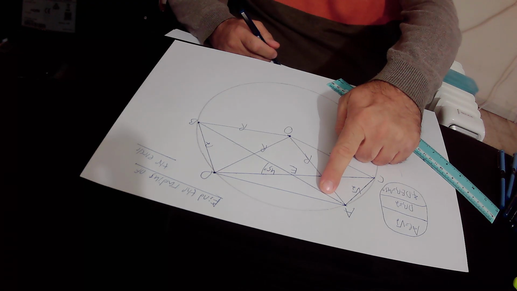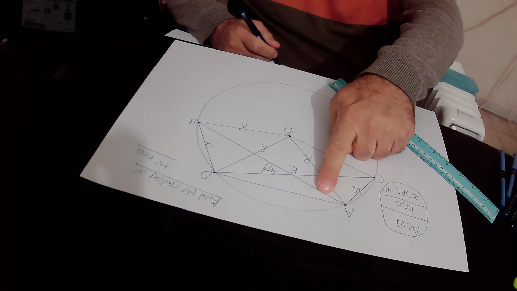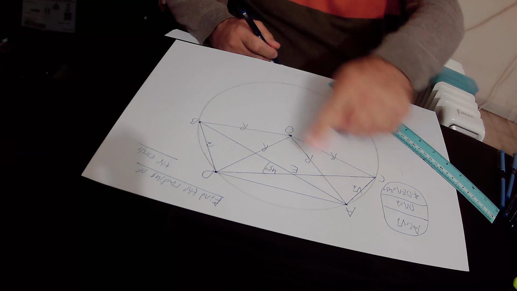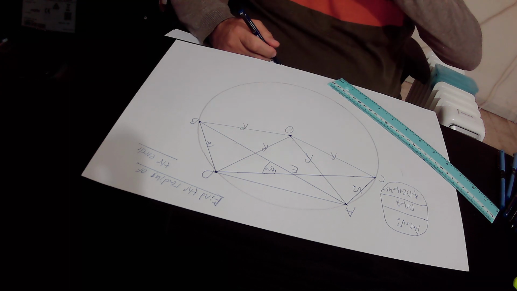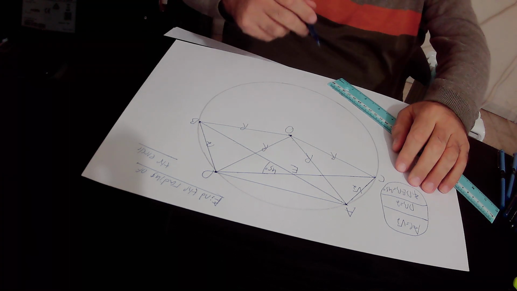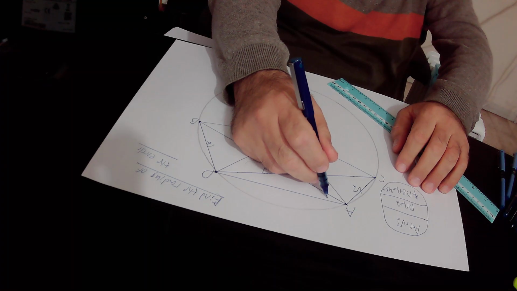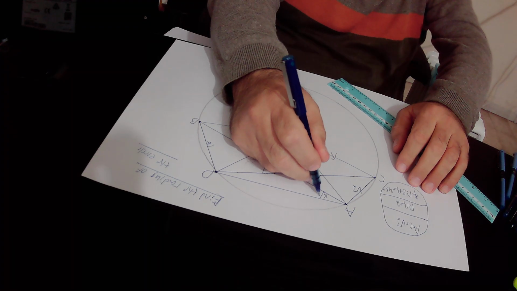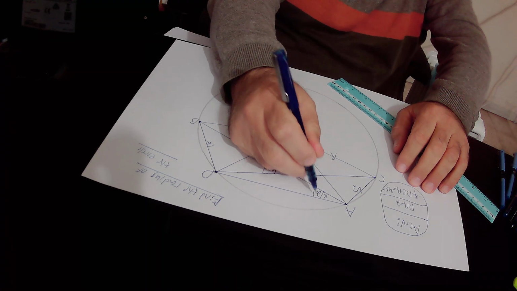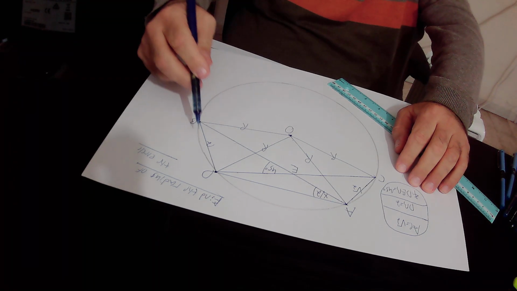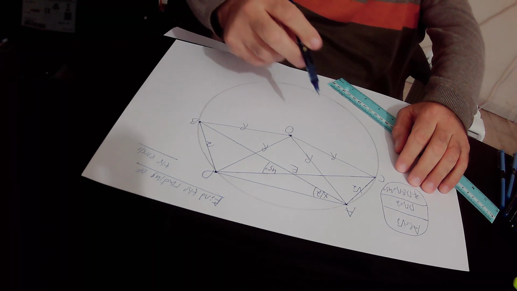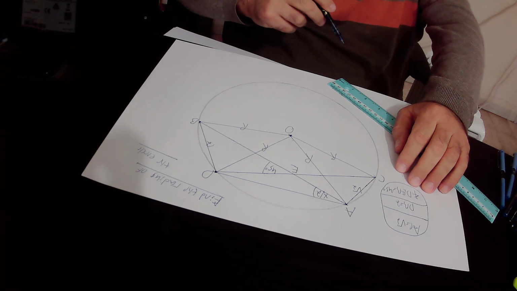This is angle BAD, the peripheral angle BAD that rests on chord BD. So we define this angle as x over 2. So the peripheral angle BAD that rests on chord BD equals x over 2 degrees in its size.